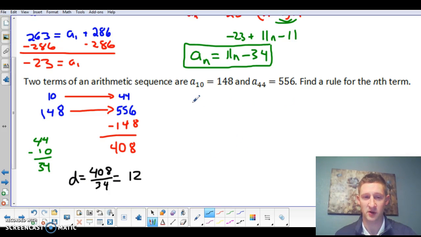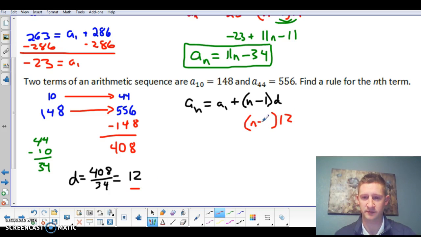Then, going back to my initial problem, I take the first term plus n minus 1 times d, the common difference. I know the common difference is 12, so put a 12 here. We got n minus 1. Now, in this case, I don't know the first term, so I'm going to find the first term by plugging in a value for n. I'm probably going to use this term right here. It's a little bit smaller. So n is 10 for this one.